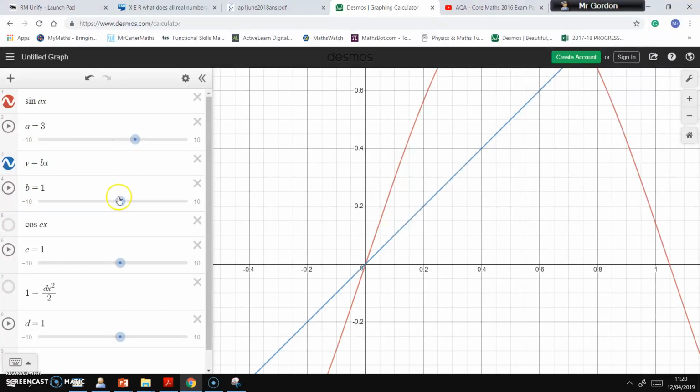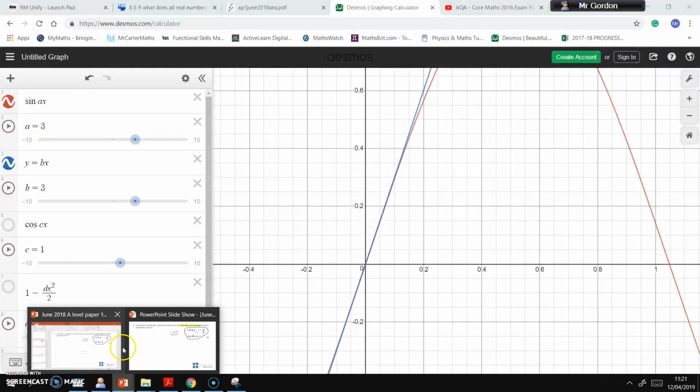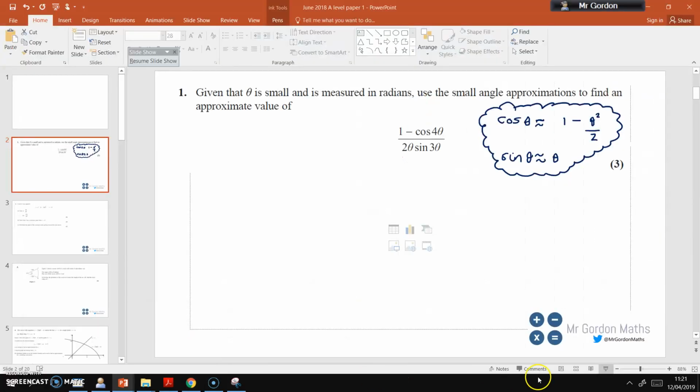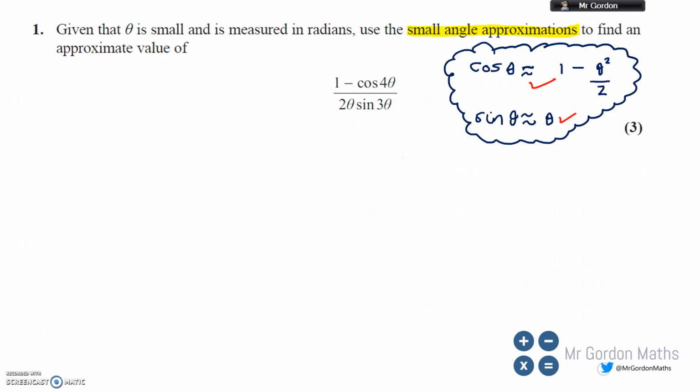Well, if we put our value of b up slightly, we can start to get the curve back, and it works out that it's 3x. Kind of makes sense. So sine 3x is approximately the same as 3x. So we'll put that into our question. Hopefully this is giving you a bit more of an understanding rather than just telling you what the approximations are.